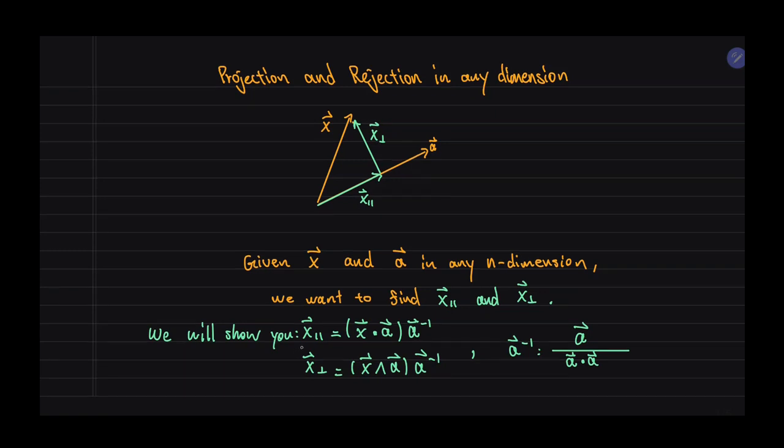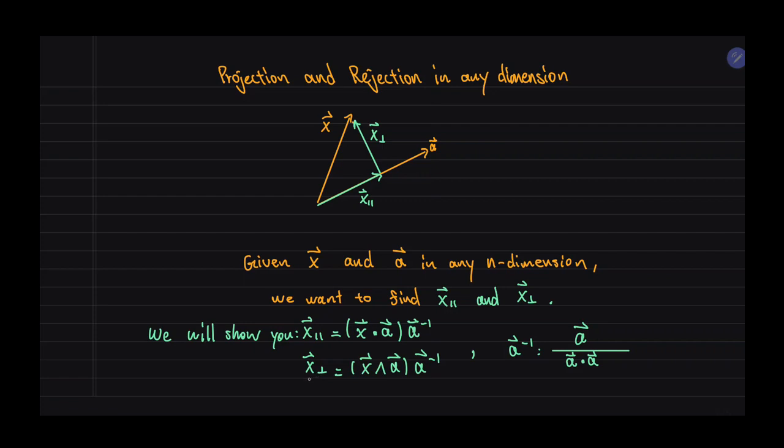And we will show you in this video that the answer for x parallel is equal to vector x dot vector a, with geometric product inverse of vector a.